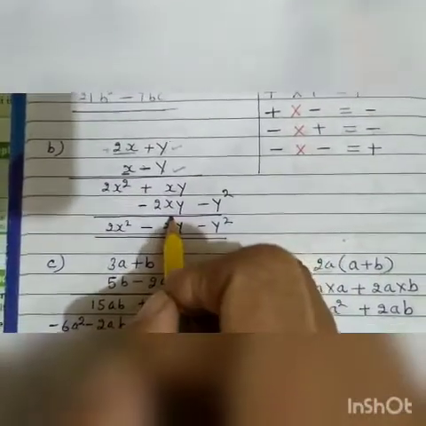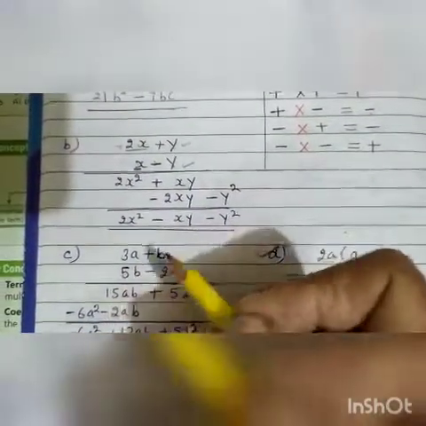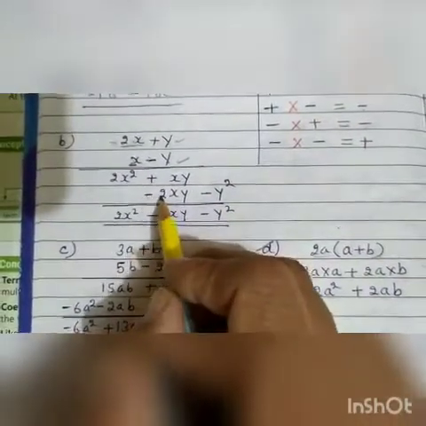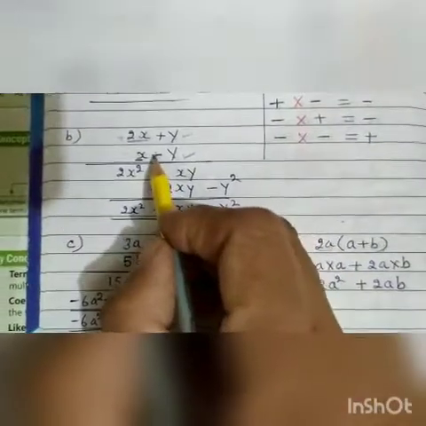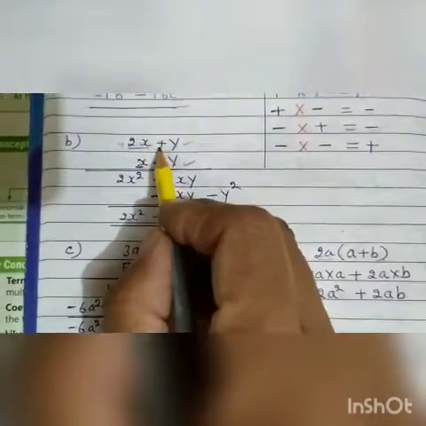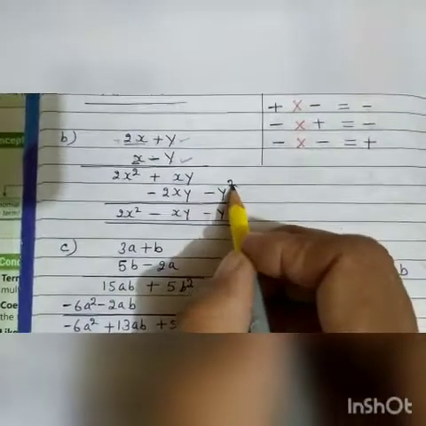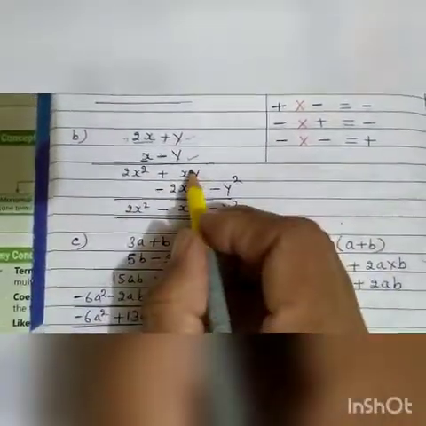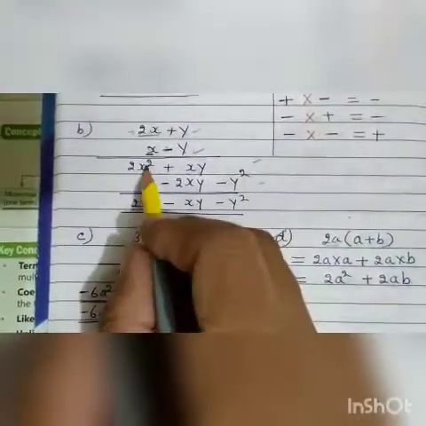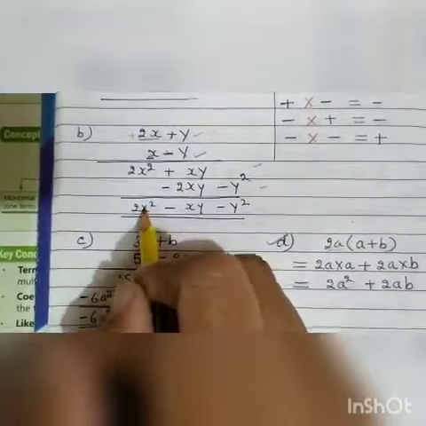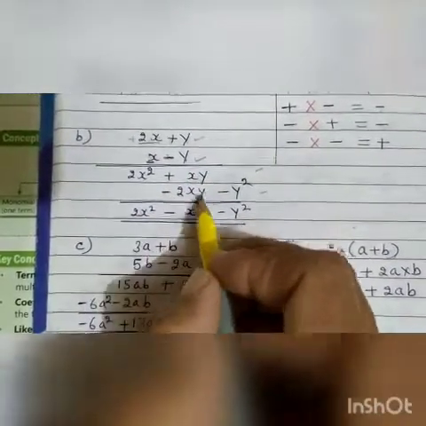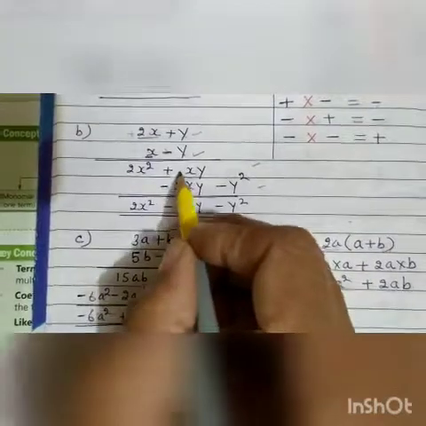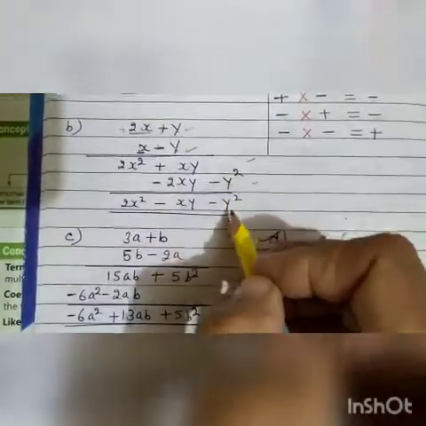In the column method, we write like terms below like terms. When we multiply this minus y with plus y, we get minus y square. Now solve these two lines. 2x square will be written as it is, plus xy minus 2xy, minus xy. We will solve these two terms, minus y square.